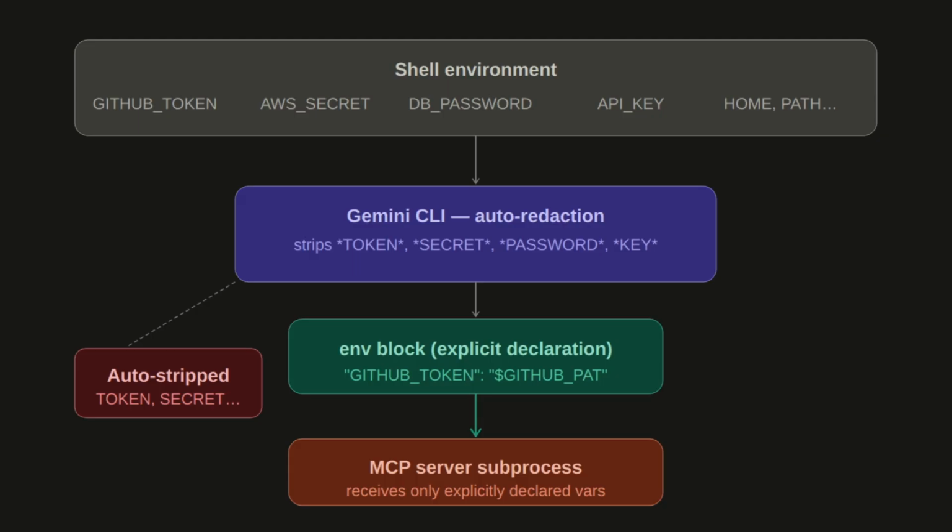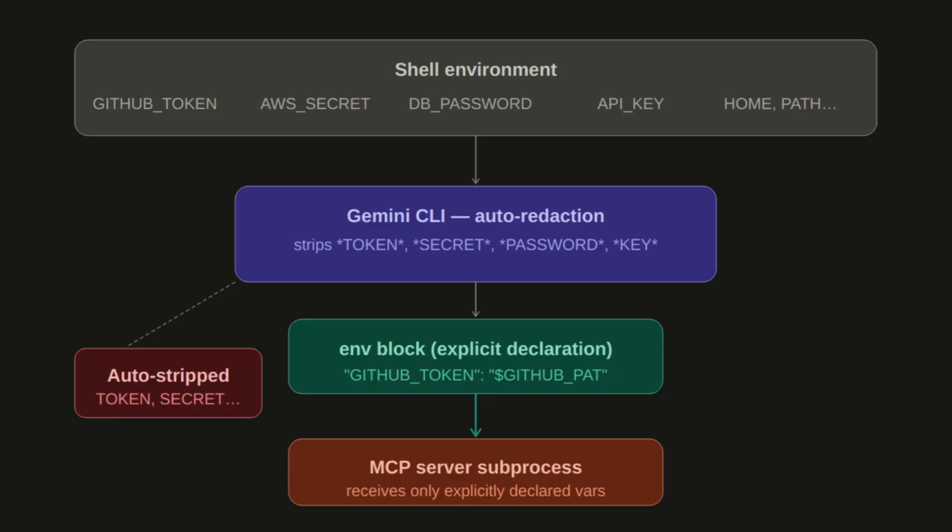If a server needs a specific credential, you must pass it explicitly in the env block of its configuration. That explicit declaration is treated as informed consent to share that specific value with that specific server. This means store your tokens in a .env file inside the .gemini folder in your home, or your shell environment.